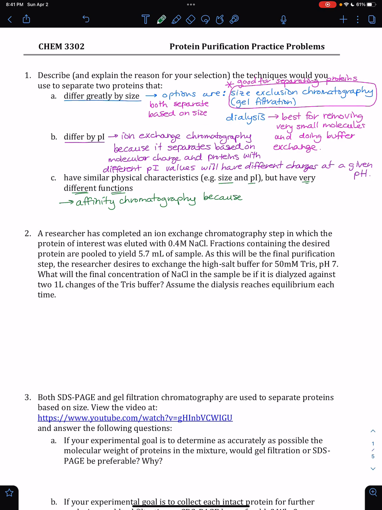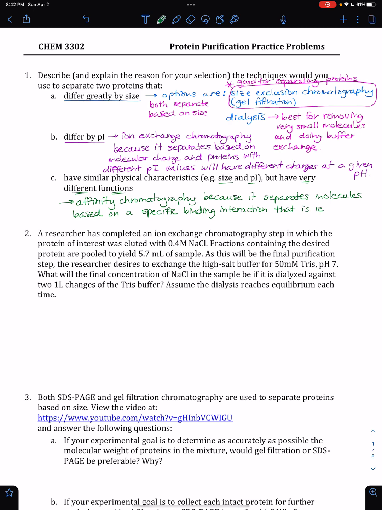So because affinity chromatography separates molecules based on a specific binding interaction, and that is often related to the molecule's function or like a cofactor that it has.